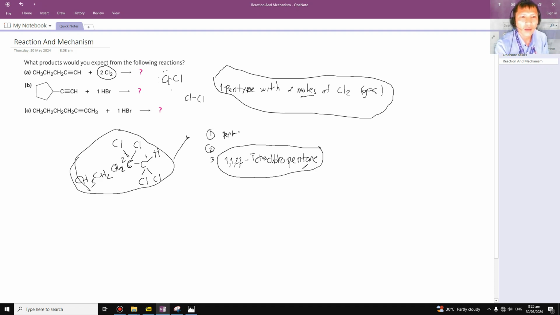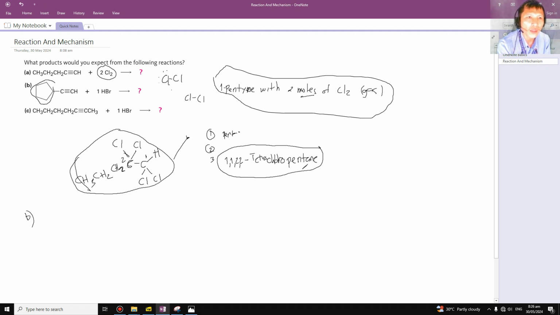How about letter B? For letter B, I'll paraphrase again. The problem would be, of course, the name of this one. What is the product of this? This is an ethyne.